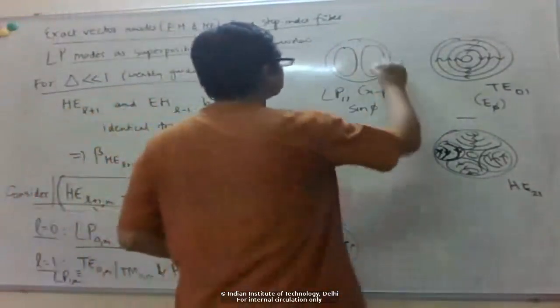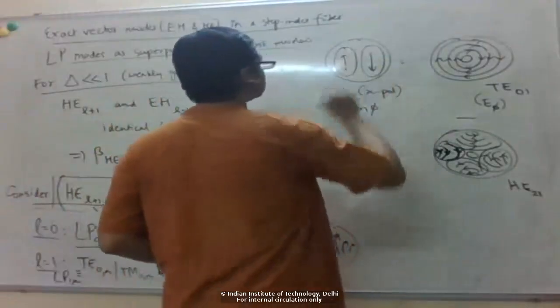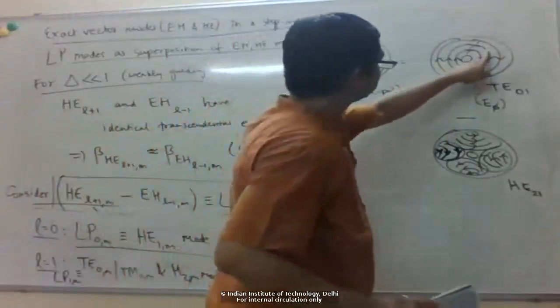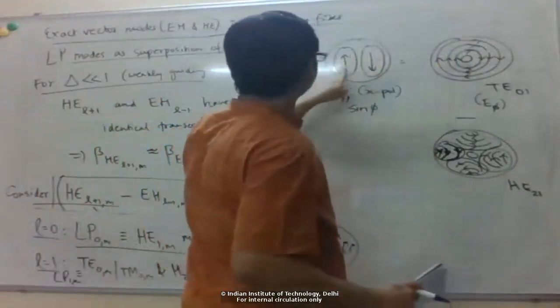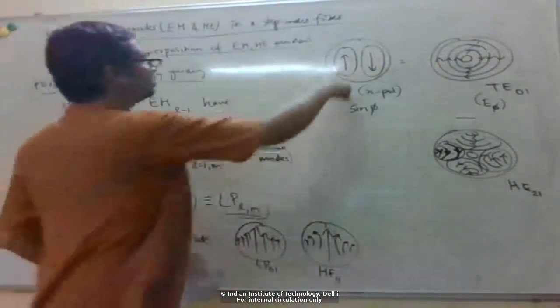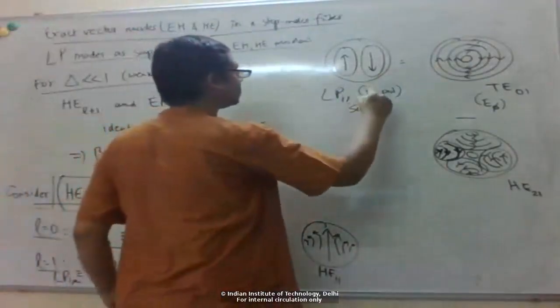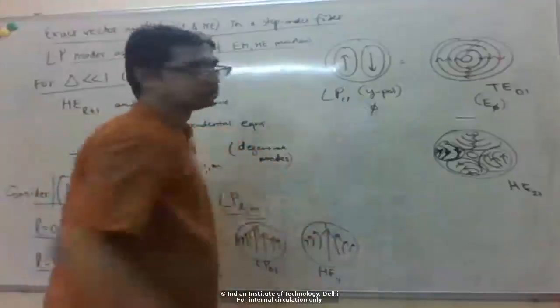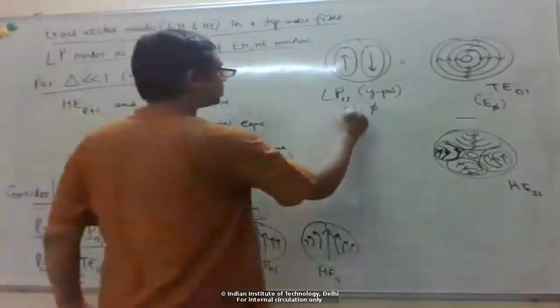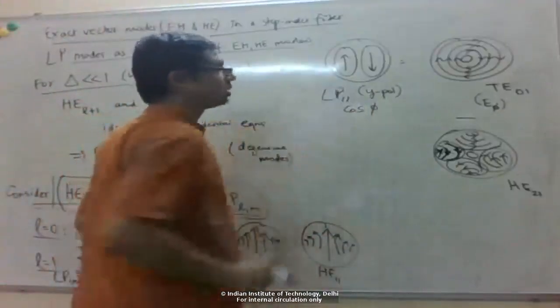And now the polarization is like that, right? So here the fields are adding up, pointing in downward direction. Here the fields are adding up, pointing upward direction, right? So now this becomes a y polarized cosine phi solution for the LP1, right?